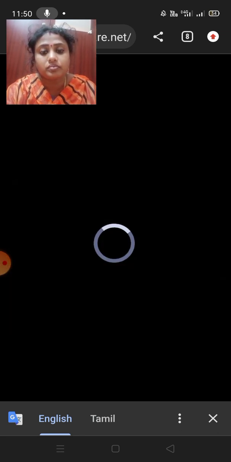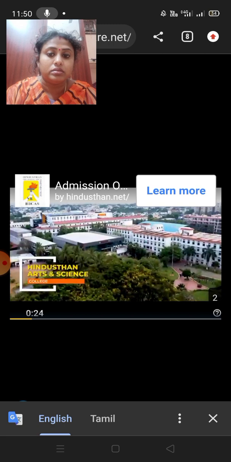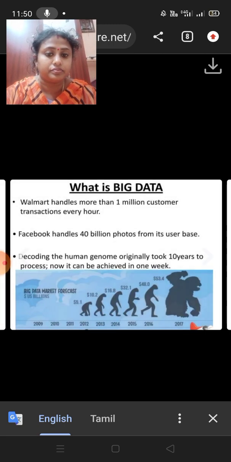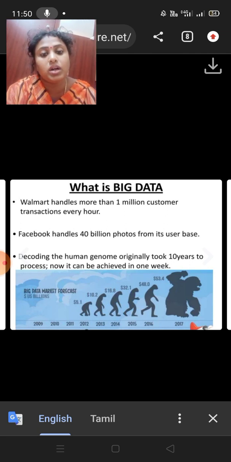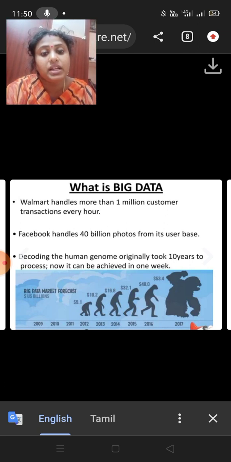And the next one is what is big data. Walmart handles more than 1 million customer transactions every hour, and Facebook handles 40 billion photos from its user base.